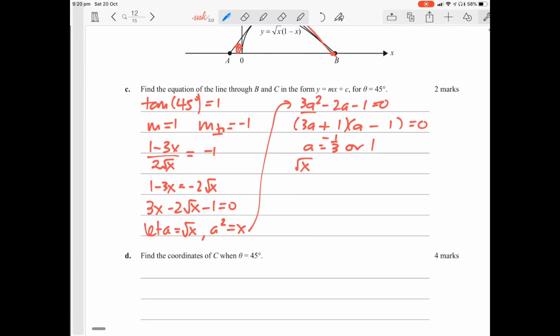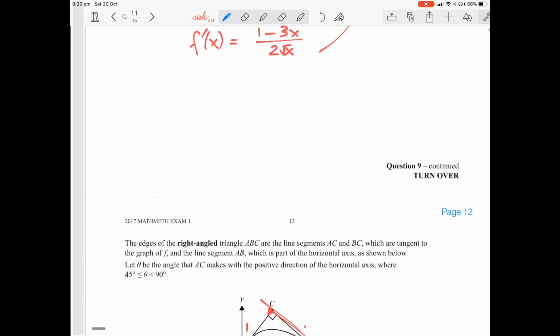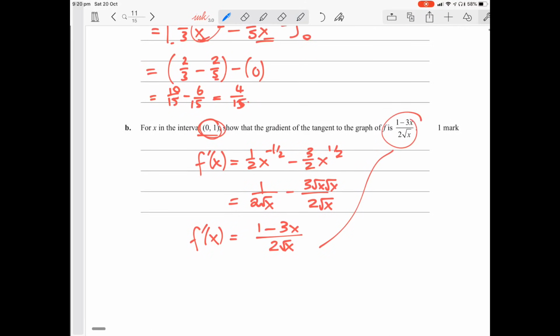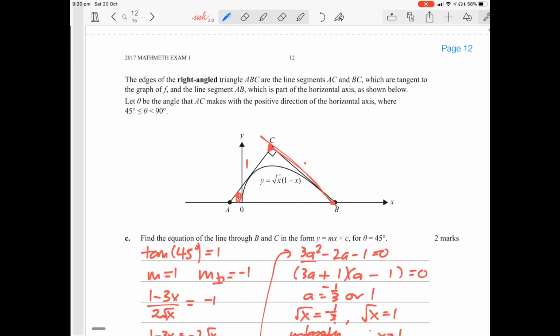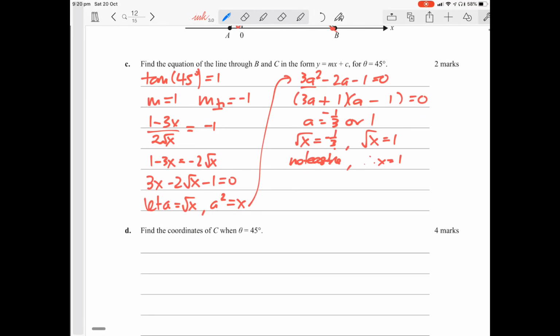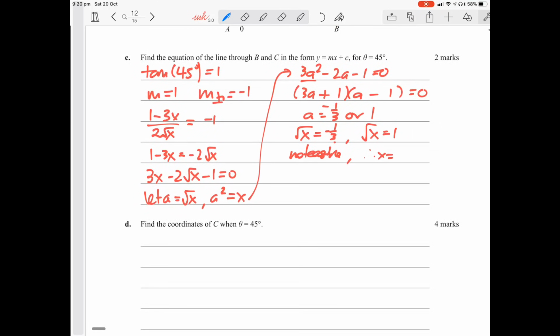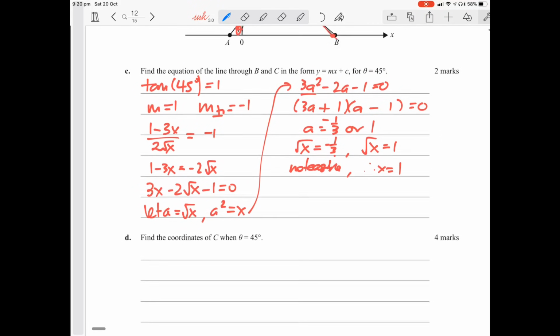So root x equals negative 1/3, or root x equals 1. This one's not feasible. Therefore, x equals 1. Now that was a problem because this says it's defined for 0 to 1, so the derivative wouldn't be defined on the endpoint, but we have to assume that it's okay. And it is if the function's continuous, but bad question.